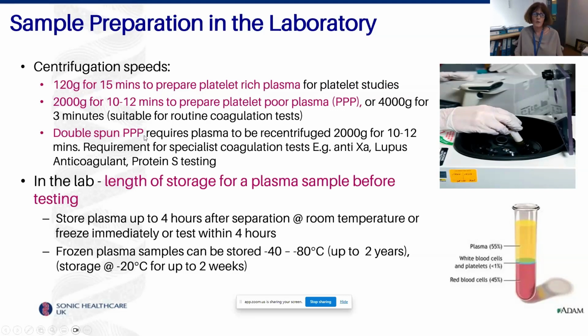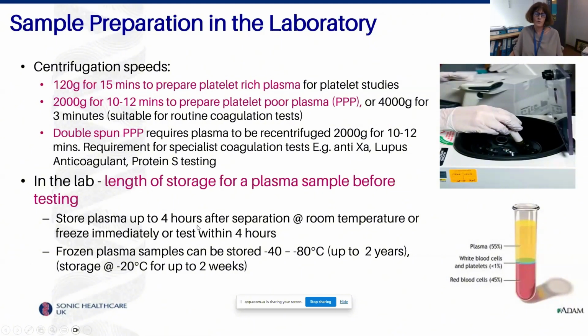So we then need to aliquot off the cells into a different container, put that container back into the centrifuge, and then spin it again at 2000 G for 10 to 12 minutes. And so those are, if we're going to do lupus testing, anti-10As, investigation of factors, VWF levels, we like double spun platelet poor plasma.